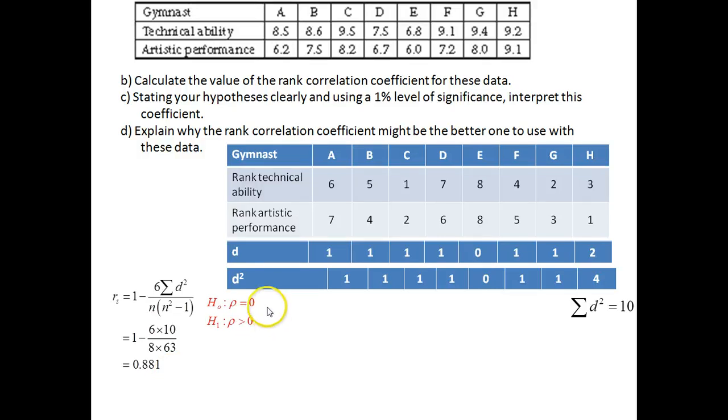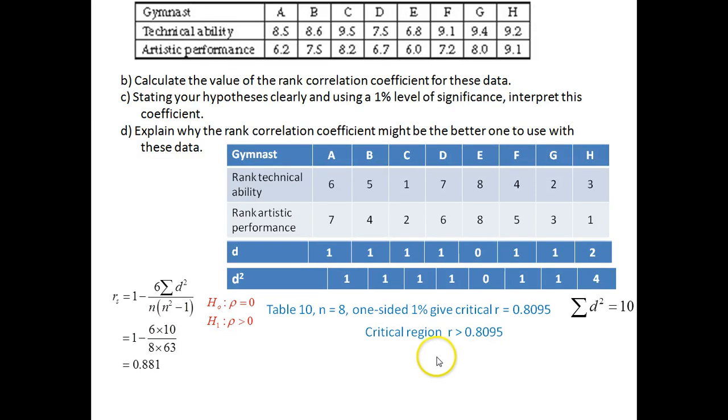Our hypothesis was rho equal to naught against rho greater than naught, and we are looking at table 10 now because it's Spearman's rank correlation coefficient. n is 8 and it's one-sided 1%, so our critical r was 0.8095.